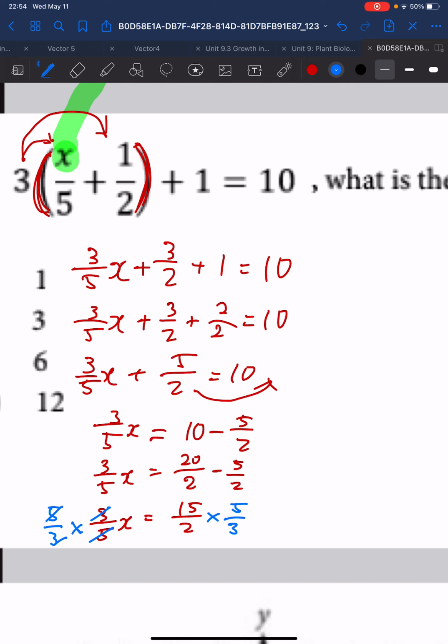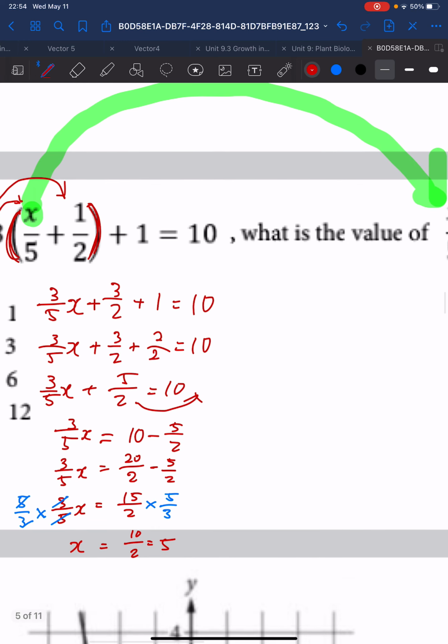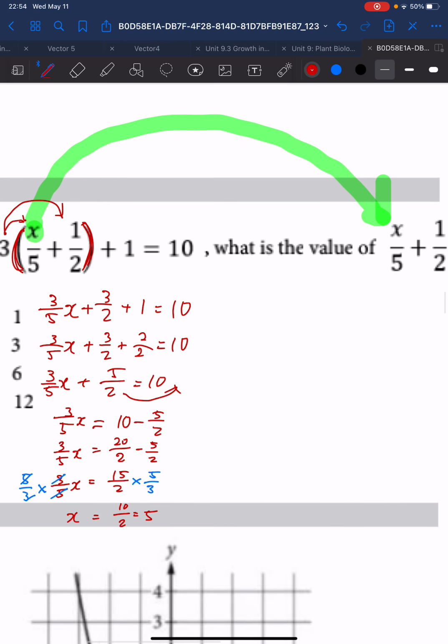And then you only have x on the left side. And that's equal to 15 over 2 times 5 over 3, which is 75 over 6... so our x is 5.